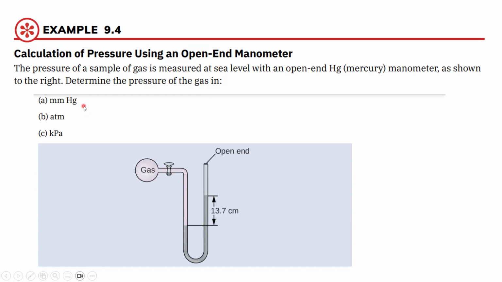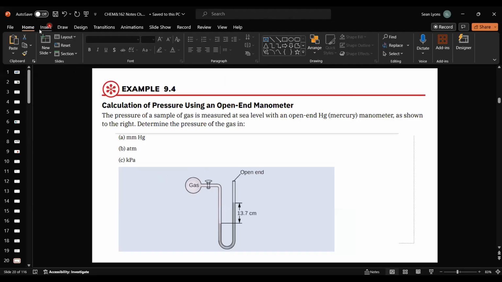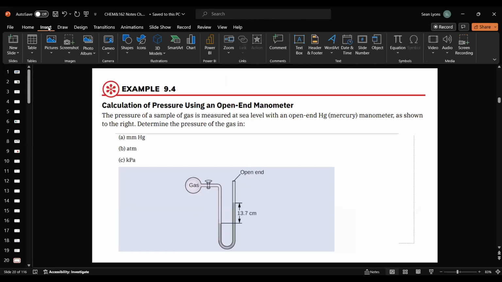So when we're first starting, again, we've got to figure out centimeters to millimeters. But we need to include not just 13.7, we need to include that full atmosphere of pressure that it's also exerting, because we've got that open-ended manometer in this case. So with this one, let's see if I insert a text box.